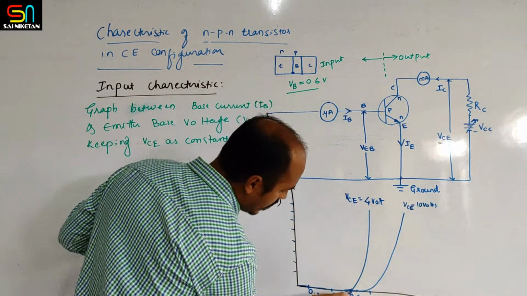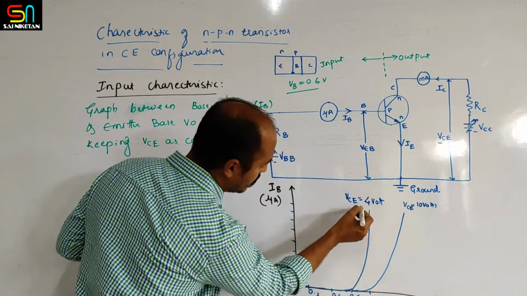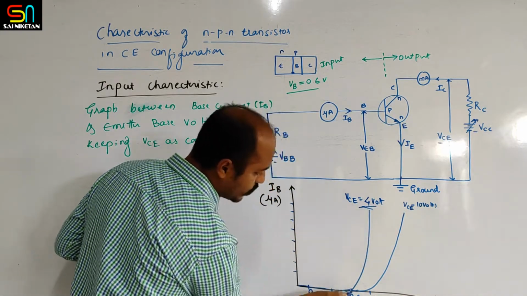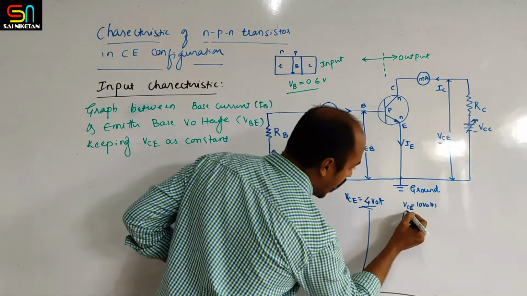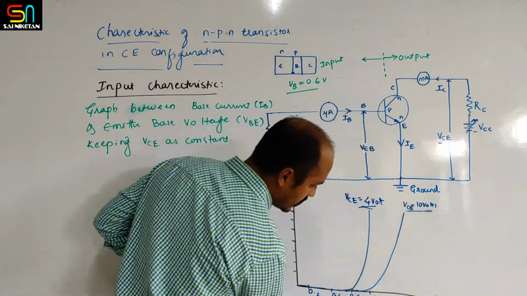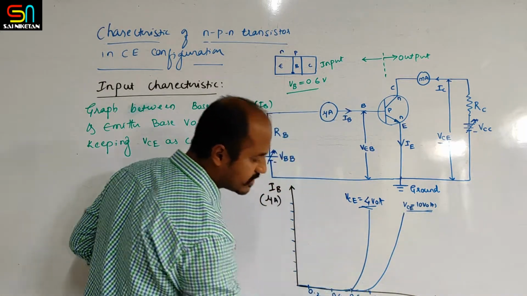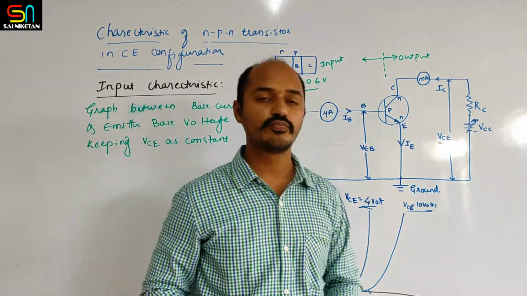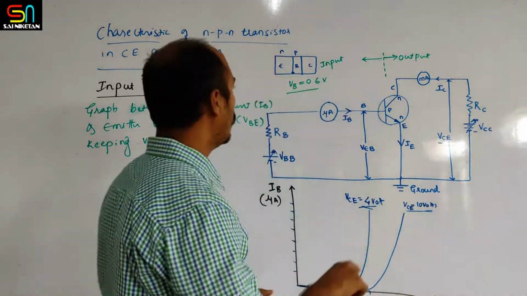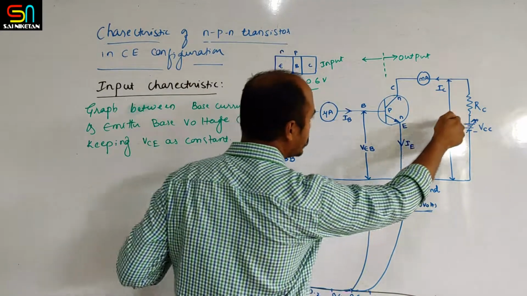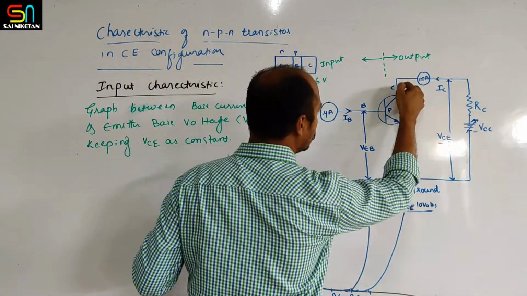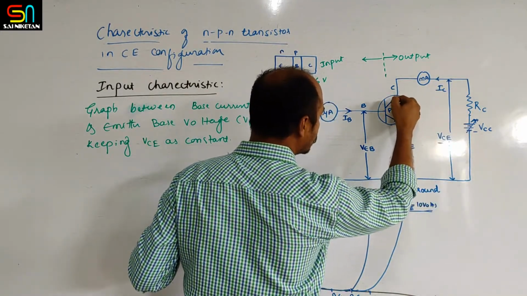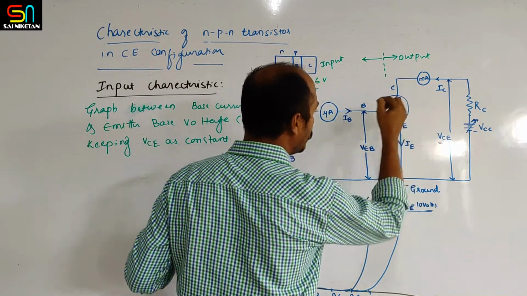You can see here, initially for 4 volts, up to this voltage there is no current. Now as the output voltage increases, the potential barrier also increases. Why is it so? Because if the voltage across this increases, electrons start flowing from the N region to the P region.